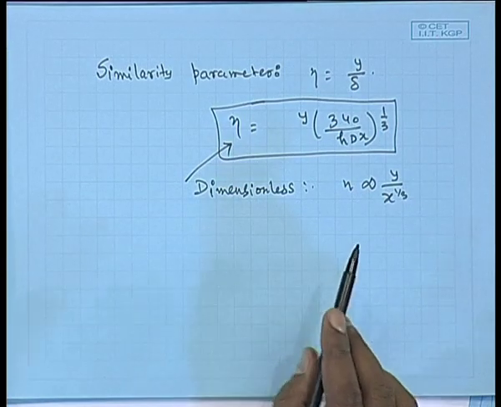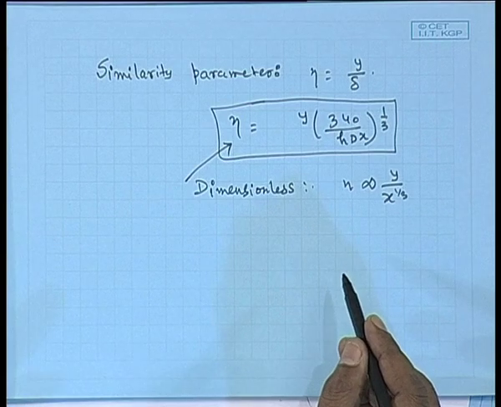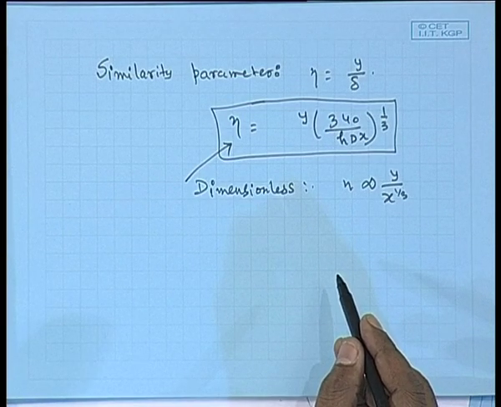Now, what is the next step? The next step is to take the partial derivatives of your governing equation with respect to eta, and change all the independent variables into the single variable eta, so that your partial derivatives become full, complete derivatives.